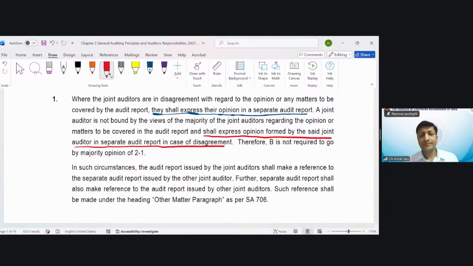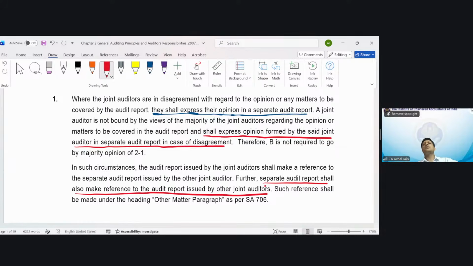Right? In such circumstances, what will happen to the audit report issued by the joint auditors? That shall make a reference to the separate audit report issued by this third joint auditor, say B. Further, such a separate audit report shall give a reference to the audit report issued by the other joint auditors.